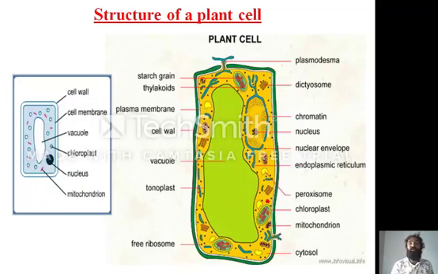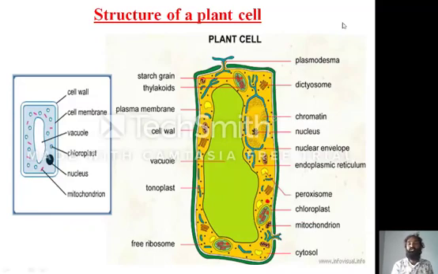Along with the vacuole there are different kinds of cell organelles: mitochondria and chloroplast, peroxisome, endoplasmic reticulum and nucleus. The nucleus has different parts that we will discuss in the nucleus topic.